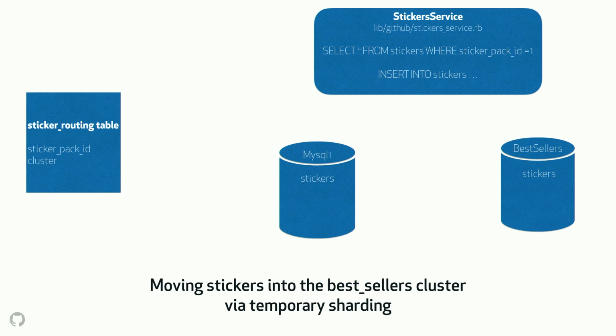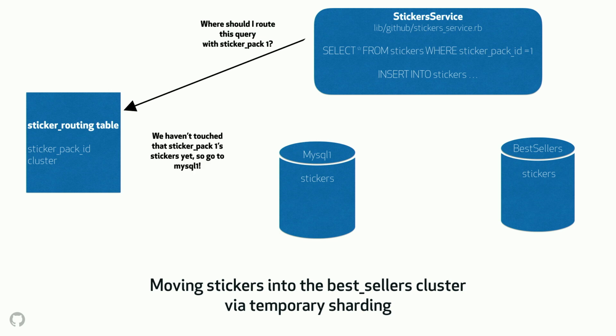So this table holds a sticker pack ID and then the name of a cluster. So when a query comes in, it asks, where should I route this query for sticker pack 1? At this point, the routing table doesn't have any information in it, so the routing logic says, we haven't touched that sticker pack stickers yet, so go to MySQL 1. So it's going to resolve the query by using that connection.